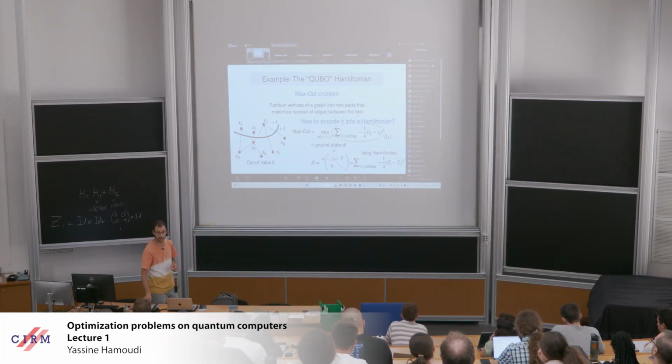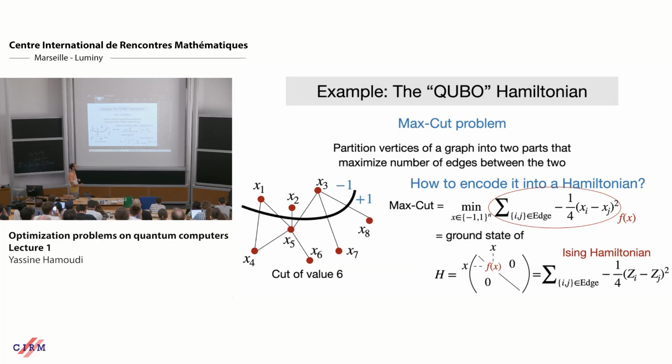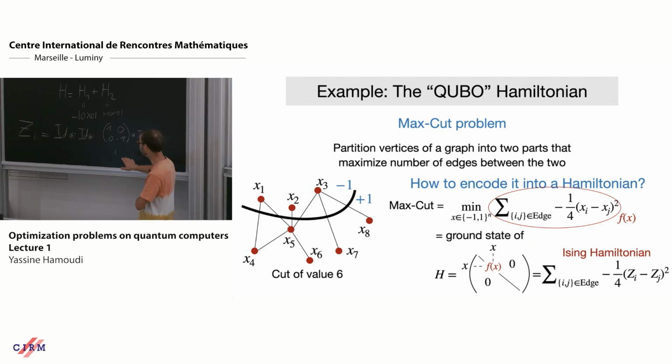It's a simple exercise to prove that the two representations give rise to the same matrix, just using the Pauli Z matrix acting on the i-th qubit of the system.